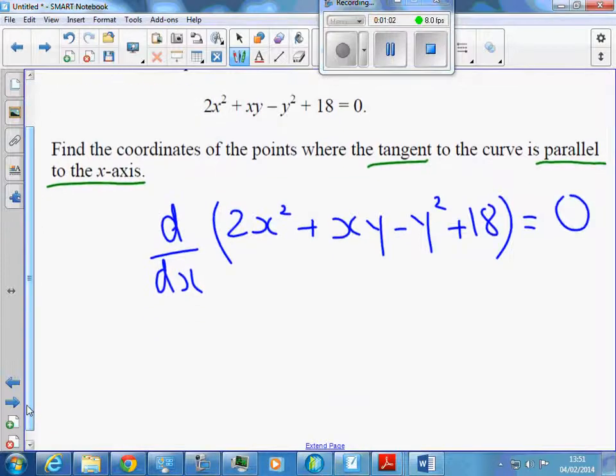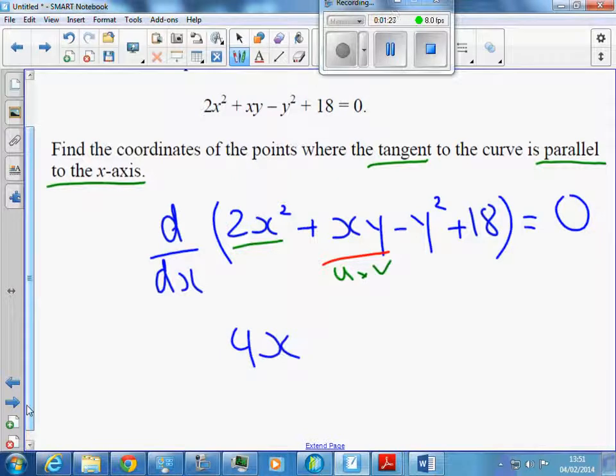So first I'll do it term by term. I differentiate that with respect to x. I get 4x. Next, I differentiate that. Now, we have to be careful here. We have a product, the word product meaning two things multiplied together. So we've got u times v.